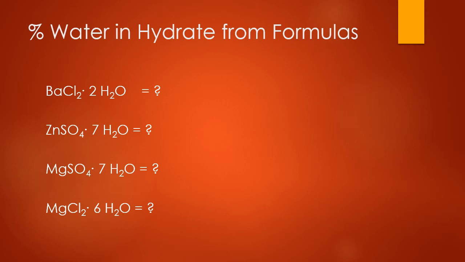So you'll need to do those calculations for each one of these compound hydrates shown here. So you'll do it for the barium chloride dihydrate first, calculating the formula mass of that entire compound as a whole. Then you will calculate the formula mass of just the waters, the 2 water molecules, divide, multiply by 100, and figure out the percent.